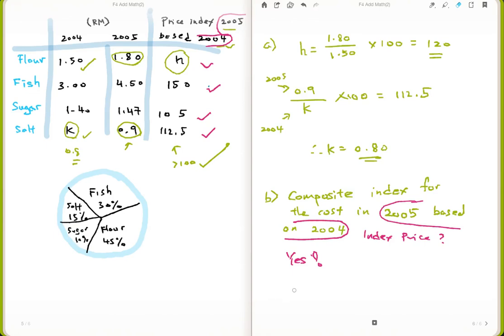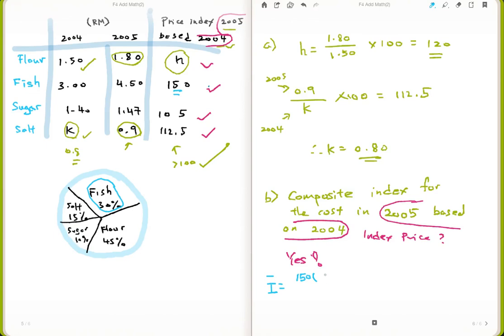if you remember from my previous page, if you use another color, it's like an average, right? It will therefore be, to do that, first of all, you find out what's this. Fish index price 2005 based on 2004 is what? Fish is 150. So all you need to do is use 150 times, you have two options.